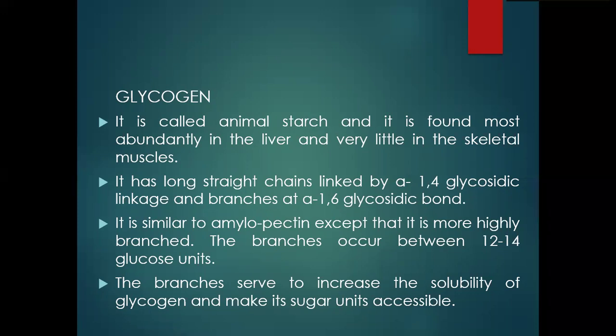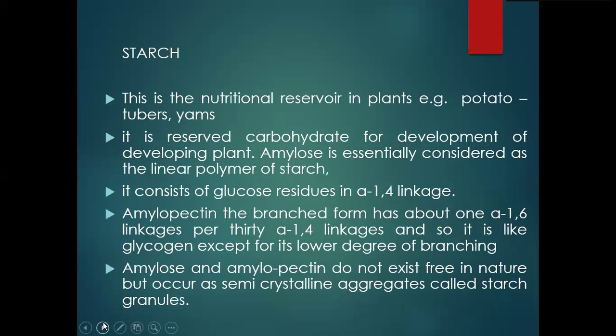The branches occur between 12 to 14 glucose units. The branches serve to increase the solubility of glycogen and make its sugar units accessible. When there's a need for energy in the body, glycogen is broken down. The glucose released goes through the glycolytic pathway and is used to generate energy.